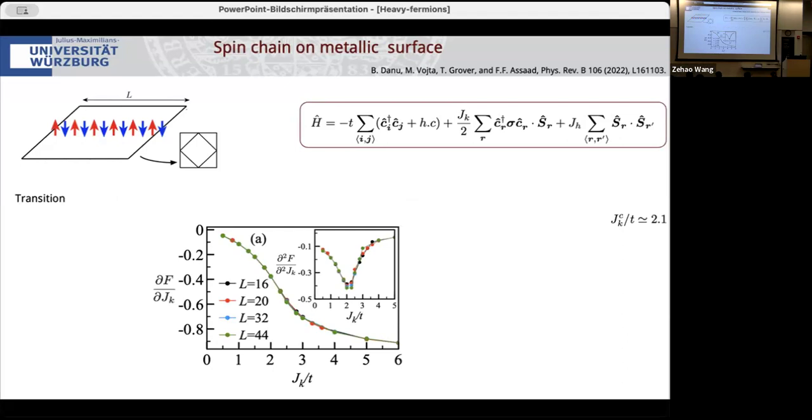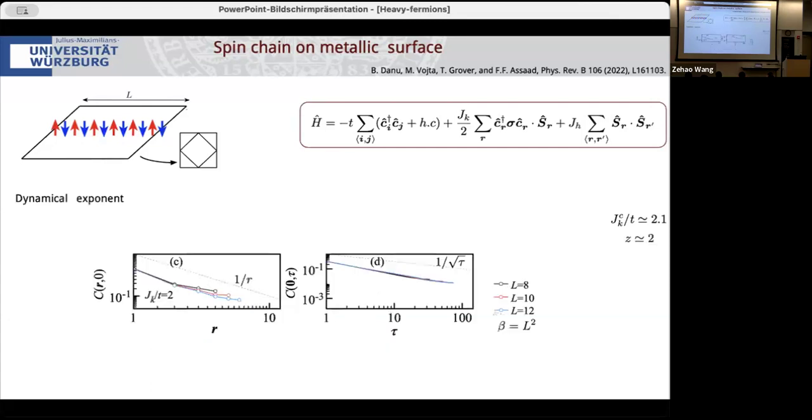And the first thing is to locate where the transition is, right? This is dF over dJK as a function of JK. This is the second derivative of that, and we see that at 2.1 there's something happening. So there seems to be a transition at JK 2.1. Now, if you want to do some scaling, we better have an idea of the dynamical exponent.